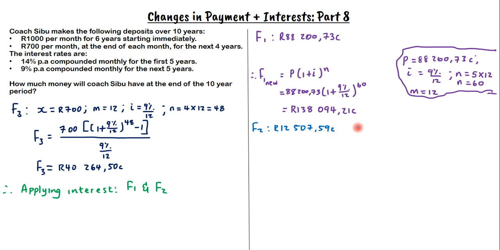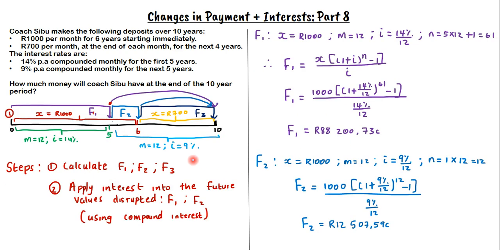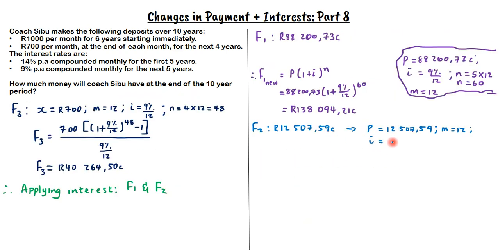All right, so now in this one, P will be this value, 12,507.59, and then m will be 12. i will be 9% because the interest being charged is 9%.